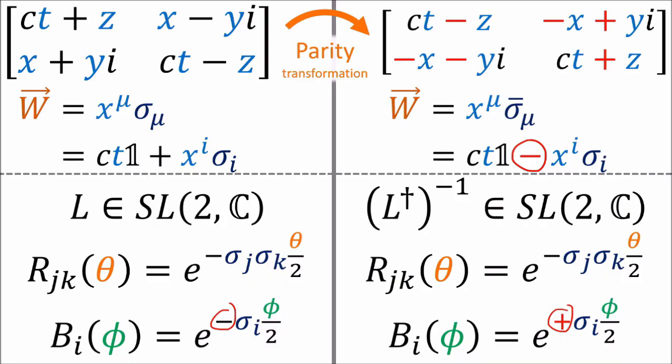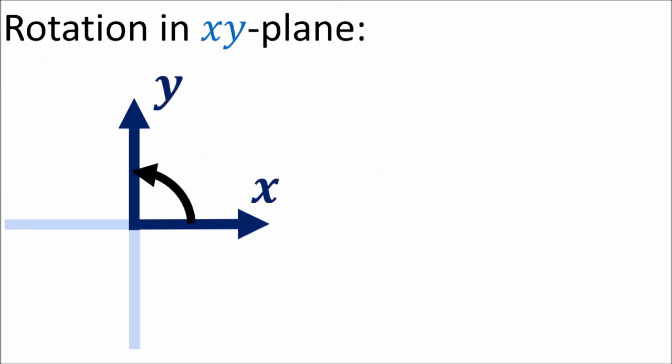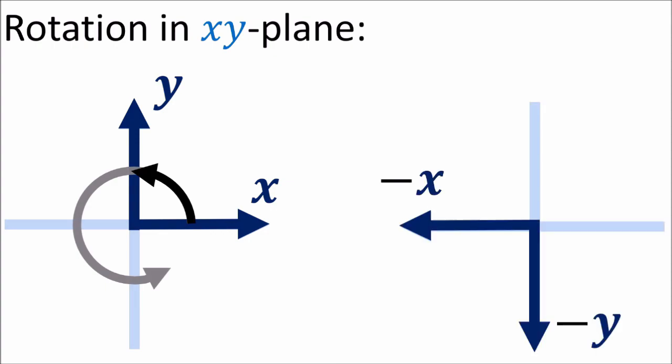You'll notice that, for the case of the parity-flipped transformation matrix, I've written it as L dagger inverse, where the dagger denotes the Hermitian conjugate. Here's why. If we have a rotation in the xy plane, and then do a parity transformation that sends x, y, and z to their negative versions, then the rotation is left unchanged.